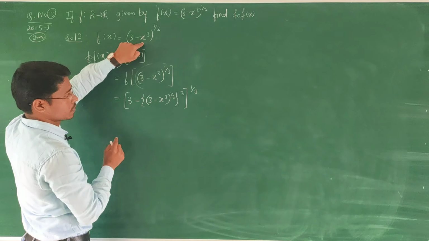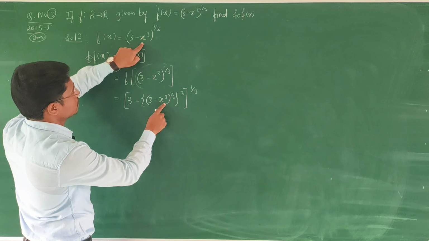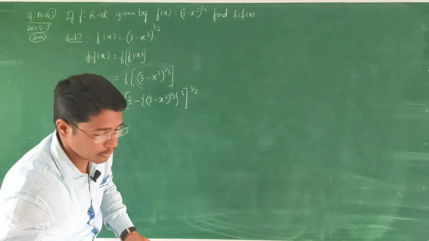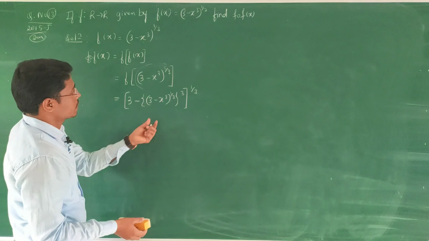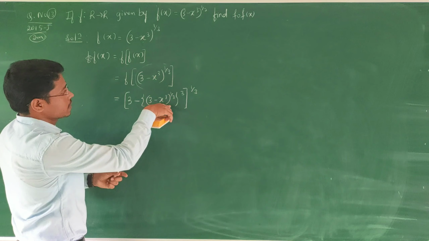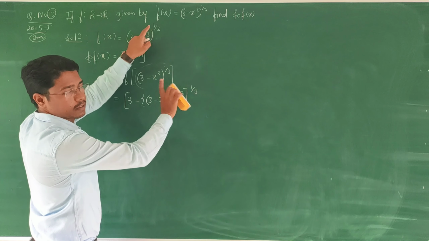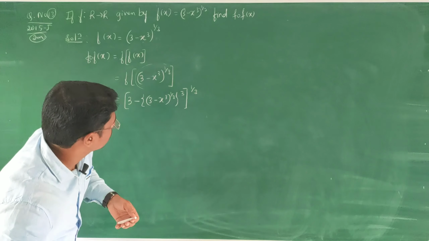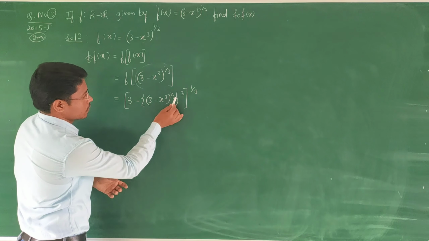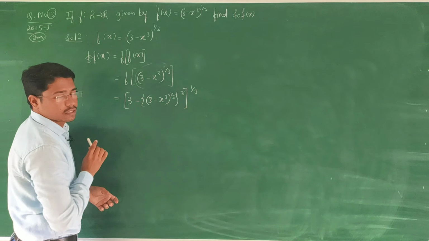x whole cube. So alright, this is our x input, whole cube raised to 1 by 3. Now see, the 1 by 3 cancels in the first step.